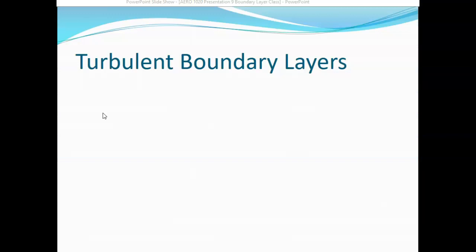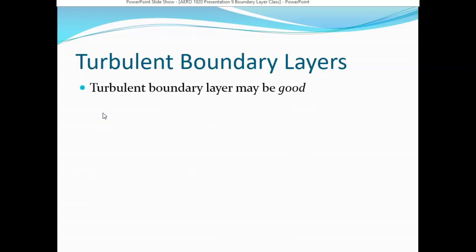So again, to review quickly, as the laminar flow approaches the transition region, the flow of air can do one of two things. It can either separate from the surface of the wing, which we don't want to happen because when the flow of air separates from the surface, we lose lift, or we can get turbulent airflow.